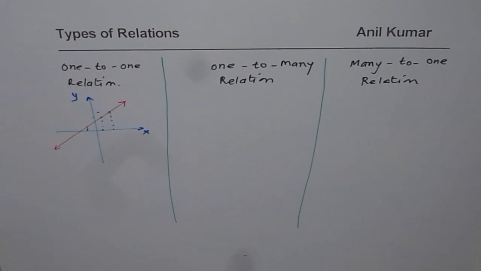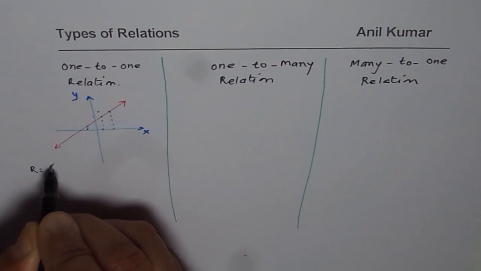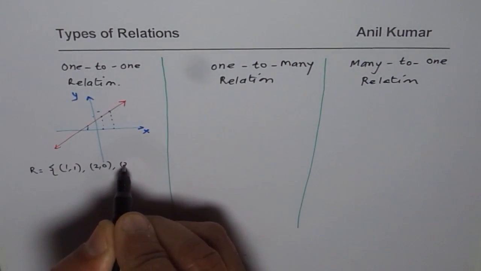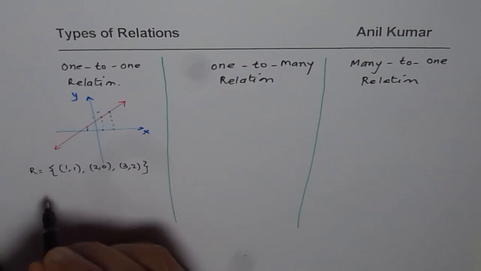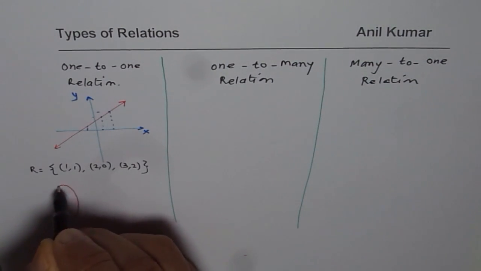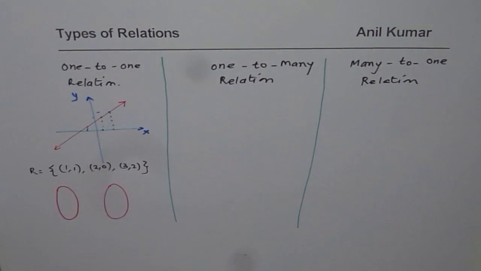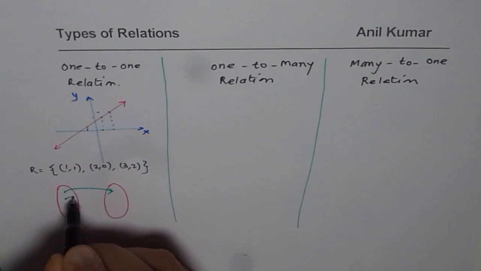We could also represent one-to-one correspondence in the form of ordered pairs. For example, we can say that the relation, which is, let us say, (1,1), (2,0), (3,2), that is an example of one-to-one relation. You could show this one-to-one relation in the form of a mapping diagram. This is one set, this is the second set, where each element of A is linked with B, kind of like this.